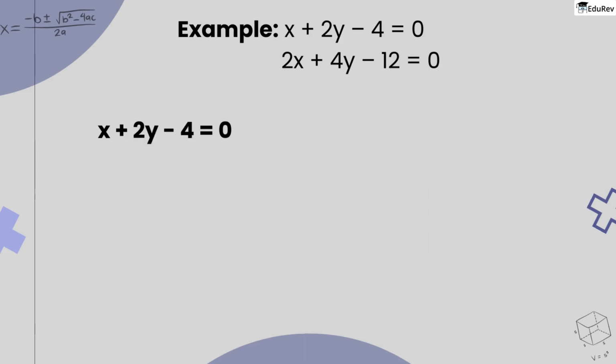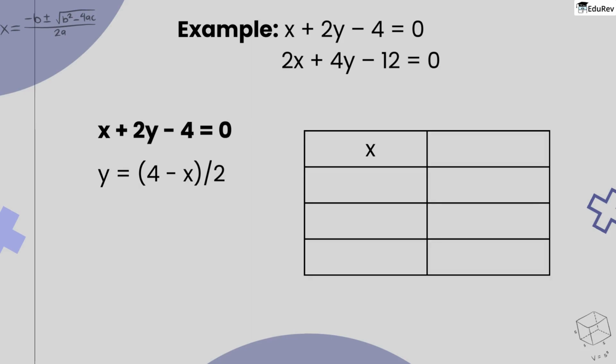Solving x plus 2y minus 4 equals 0 first, we rewrite the equation as y equals (4 minus x) by 2 and then assume the values of x corresponding to which we get the values of y.